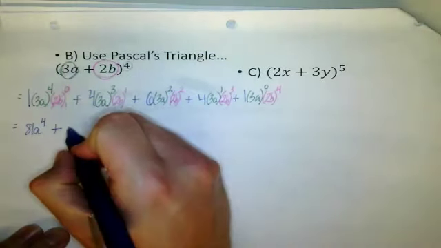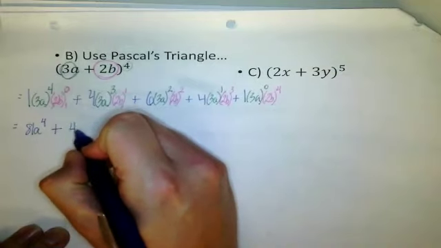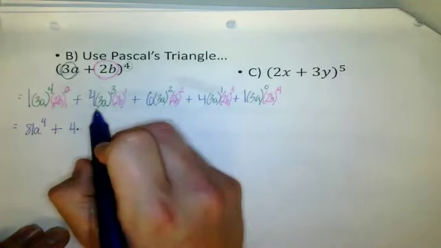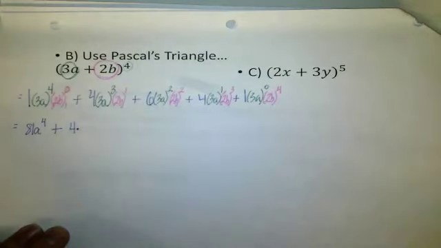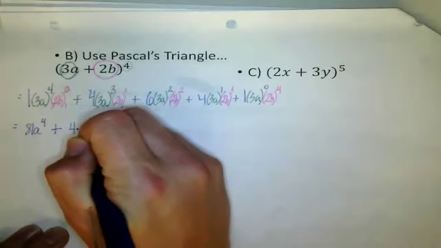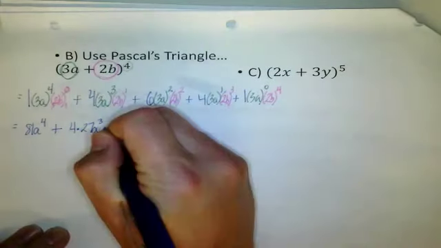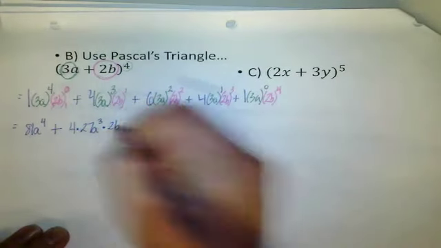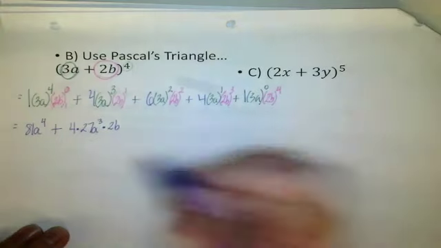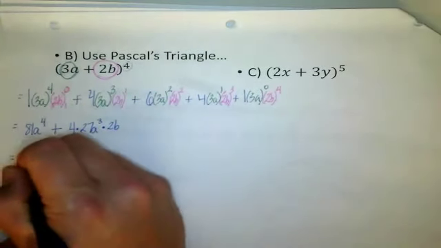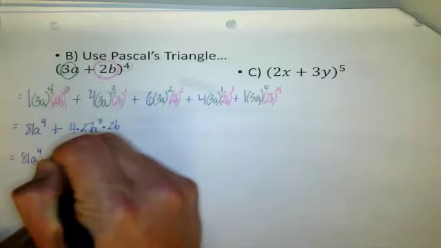Here I have, I might need to do some calculator work here. 4 times 3a quantity cubed. What is that? 27a cubed. Very good. And then 2b to the 1st is 2b. I'm going to have to clean that up a little bit. I'm definitely going to need a calculator for that.